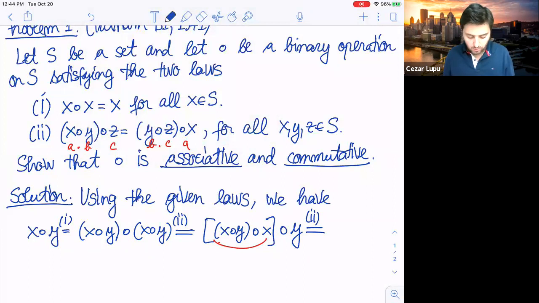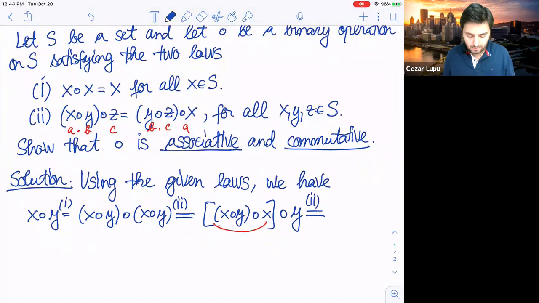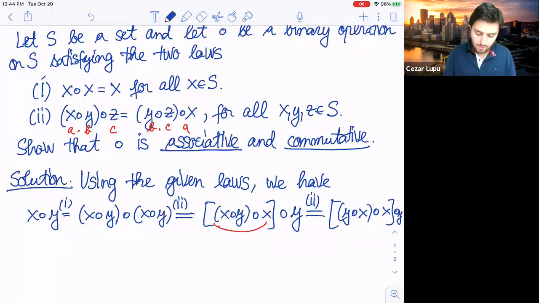Keep in mind x, y. This time the z will be x. So it will give us y circ x, circ x, circ y. Right?